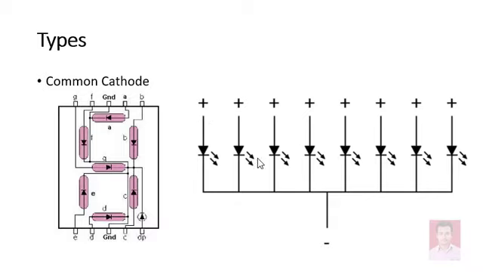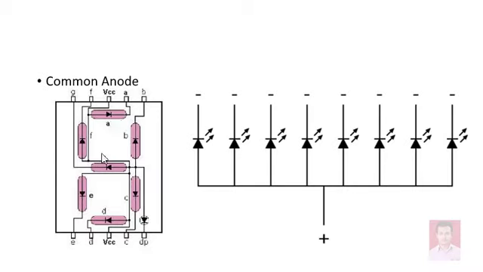Actually, there is a drawback because you have connected this to the ground, and every LED is going to consume a current. If you make all LEDs on, then there is an issue of current sinking. In order to get rid of that, most of the time the common anode type of LED is preferred. In common anode type LED, care is already taken that enough power supply gets applied over here as 5 volt.